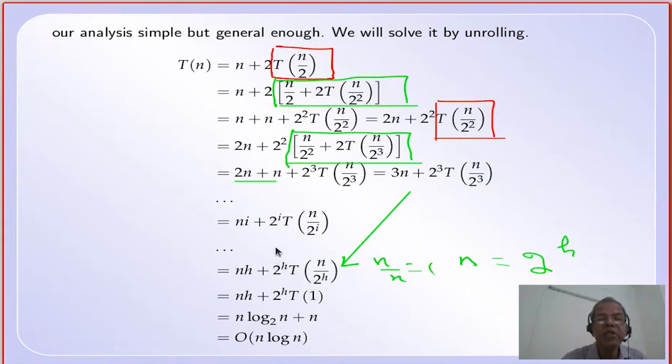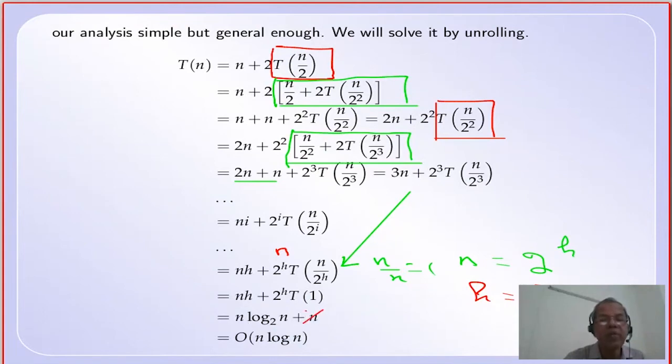2 power h is n. h is equal to log n to the base 2. Therefore, n times, replace h by log n to the base 2, replace 2 power h by n, T of 1, you get n log n plus n.